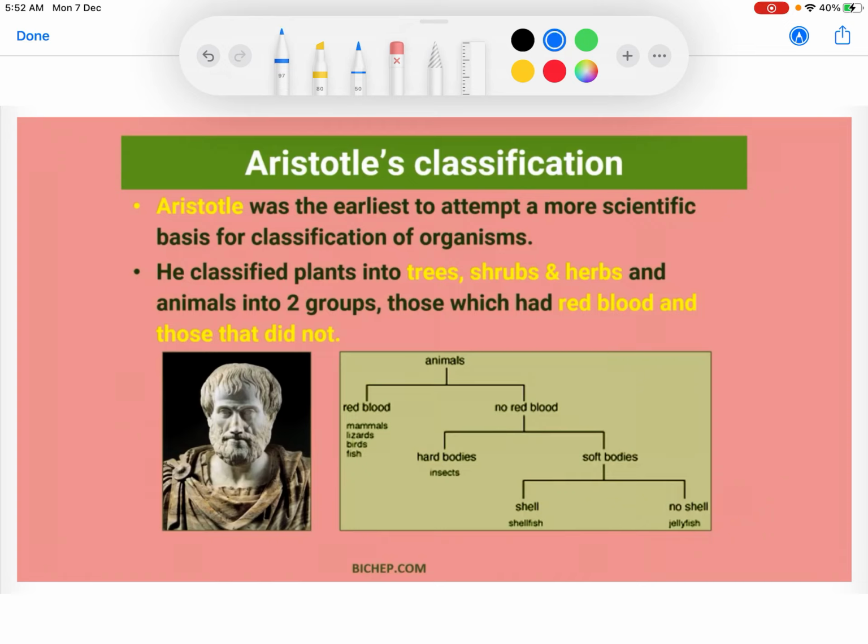Now the limitation of Aristotle's classification is that it is utterly based on external characters. External characters are also known as morphological characters.